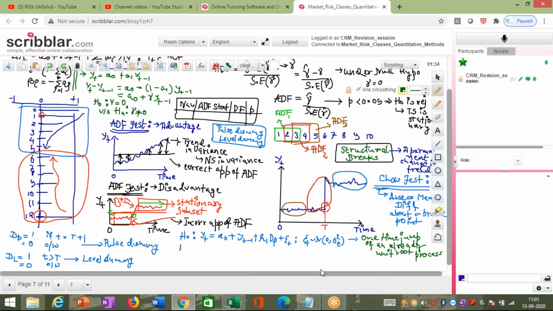So this implies that if a one-time jump comes from an already unit root process, then the structural break is not significant.